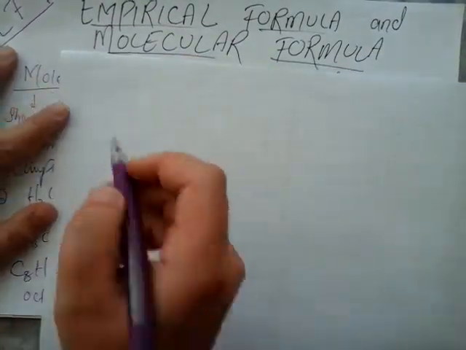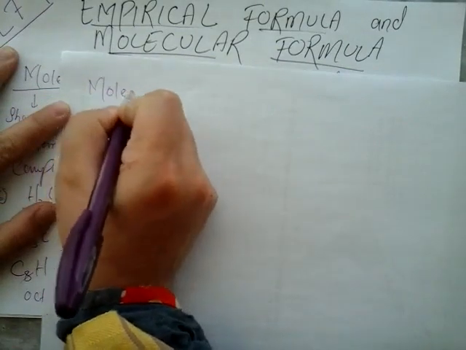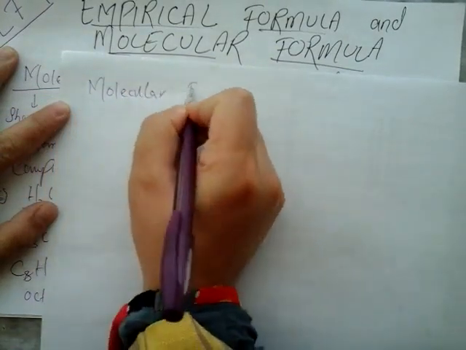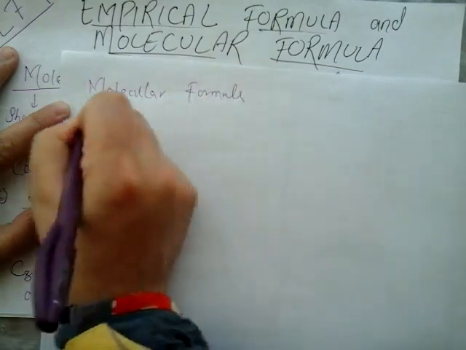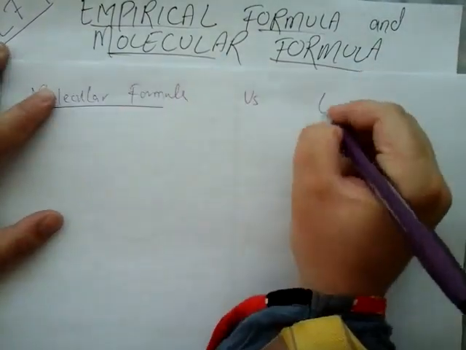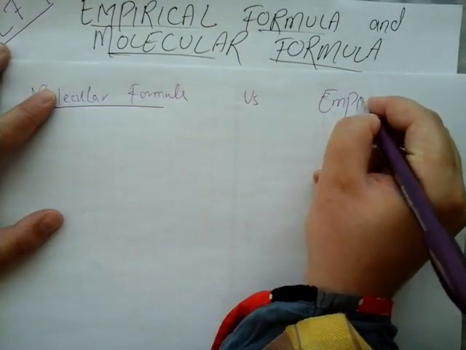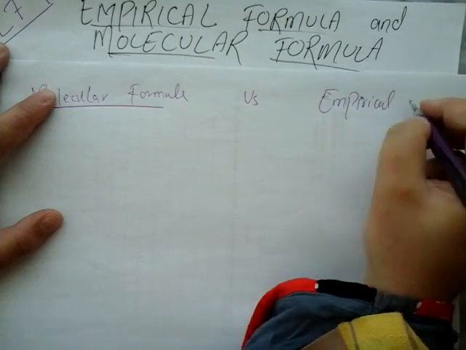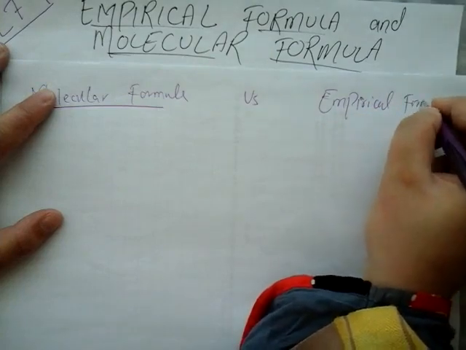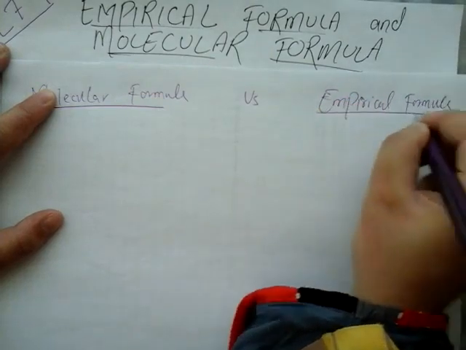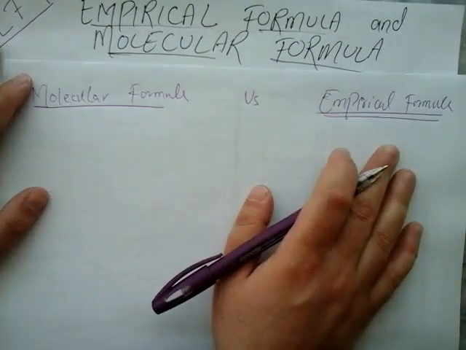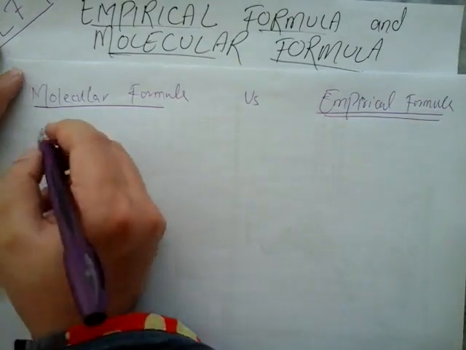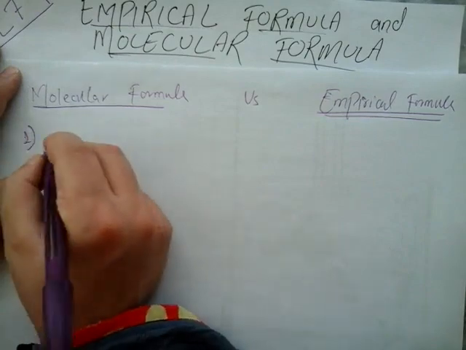Keep in mind that the molecular formula and empirical formula for some compounds are the same. Number one, these are ionic compounds.